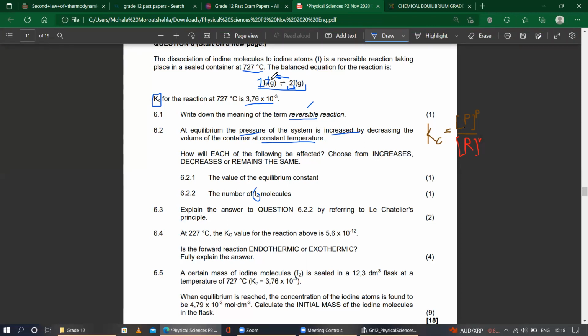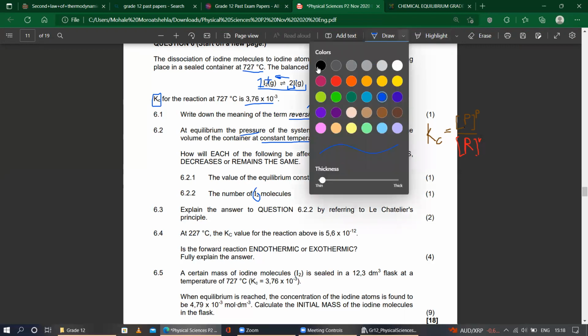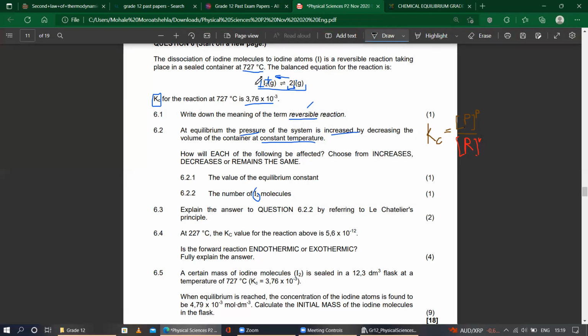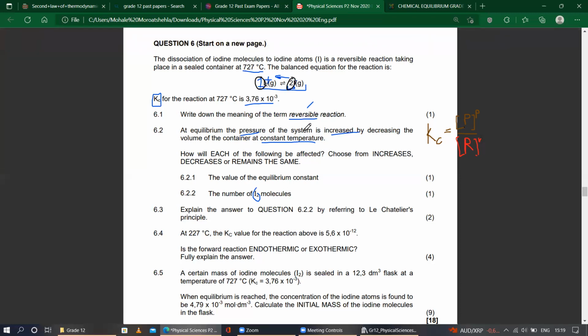That means the iodine atoms are going to be converted back into iodine molecules, because of the ratio, because of this and this. Does that make sense? Yes, sir. So when pressure is decreased, this is converted to that. But since it's increasing, this is converted to this.